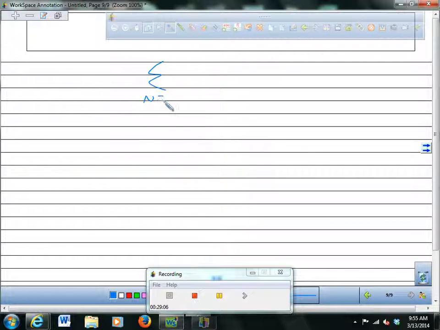It would be the sum from n equals 1 to n equals 31 of your first term, which is 1, times r, which is 2, raised to the n minus 1.